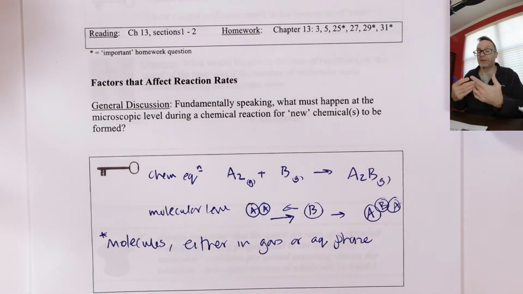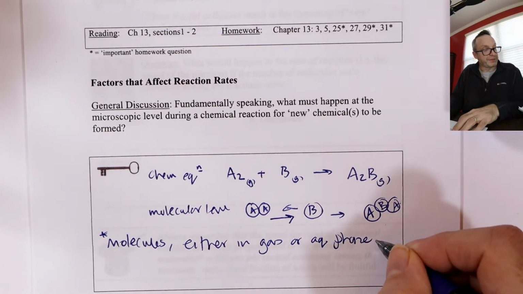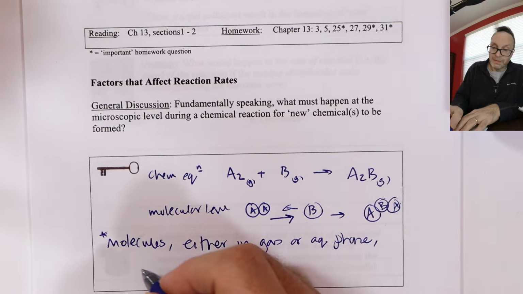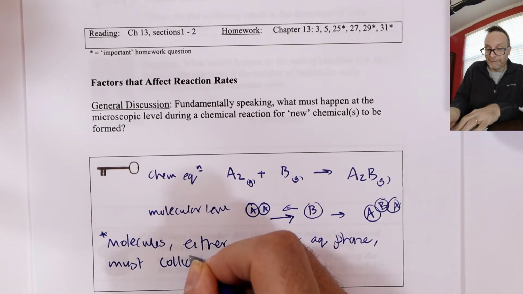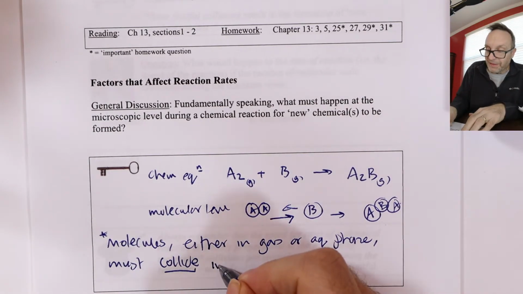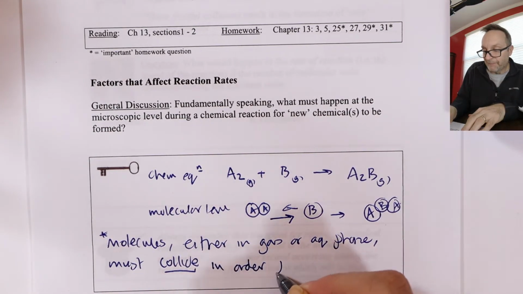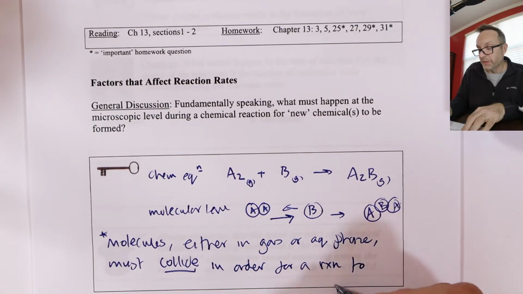So we like to think about solutions and gases. That's where reactions typically occur. So molecules, either in the gas or aqueous phase, must, here's the key word, collide in order for our Rxn, my code for reaction, to occur.